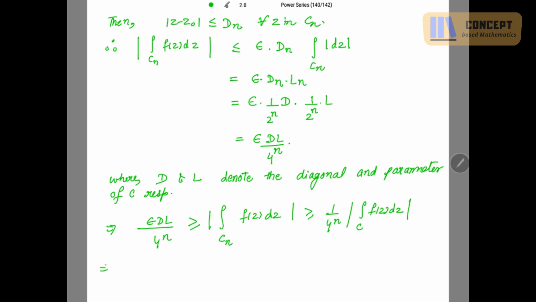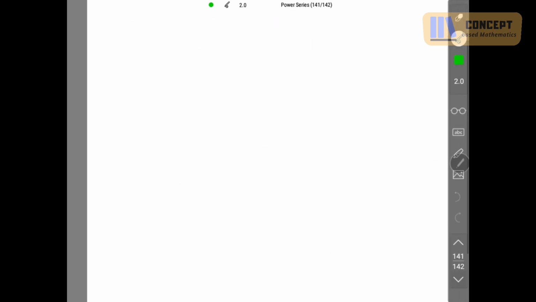So this implies the modulus of the integral over C f(z) dz is less than or equal to 4 the power n times epsilon DL over 4 the power n. The 4 the power n cancels out, so we are left with epsilon DL. Now epsilon is arbitrary, as epsilon was arbitrary, so this whole integral is equal to 0.